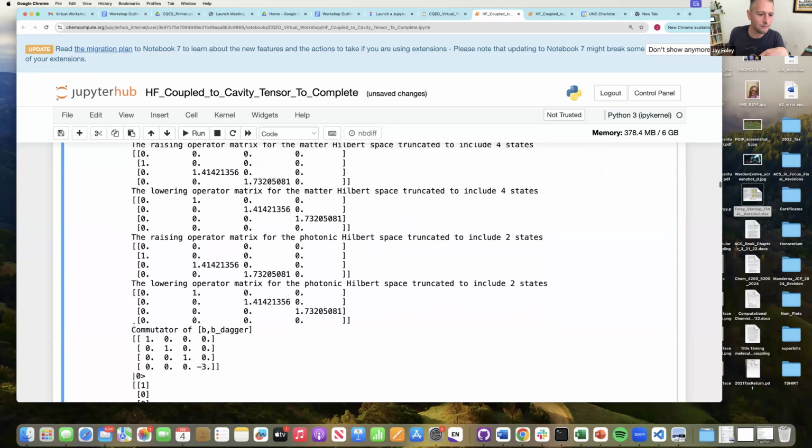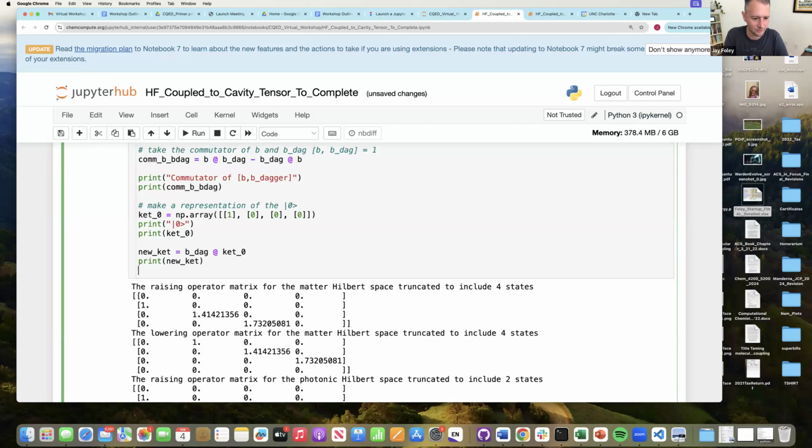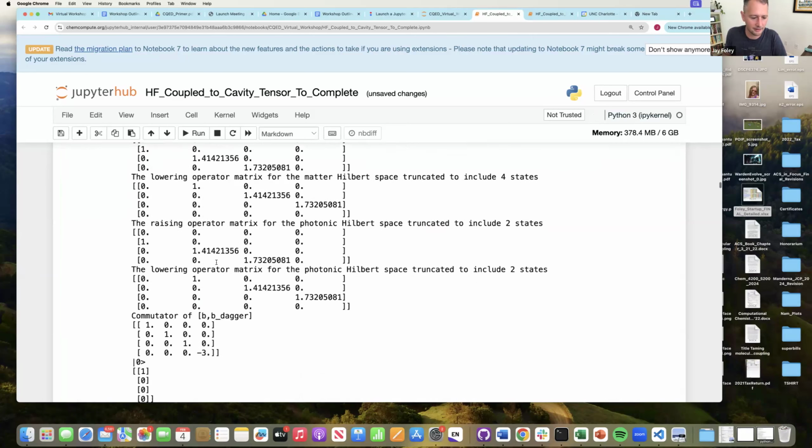If I continue, I can take one more just to confirm that this is working correctly. So I'll say new ket is equal to b dag at new ket, and this should give me square root of 2 times the ket 2.